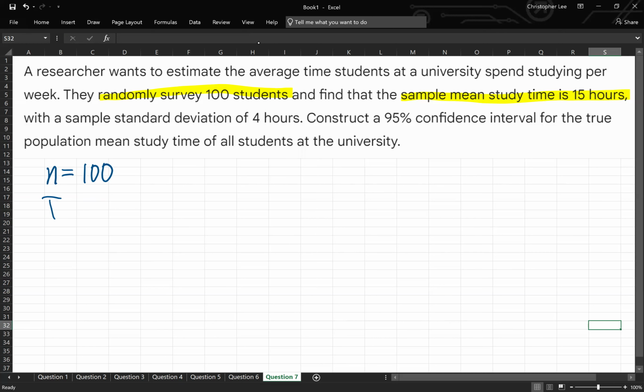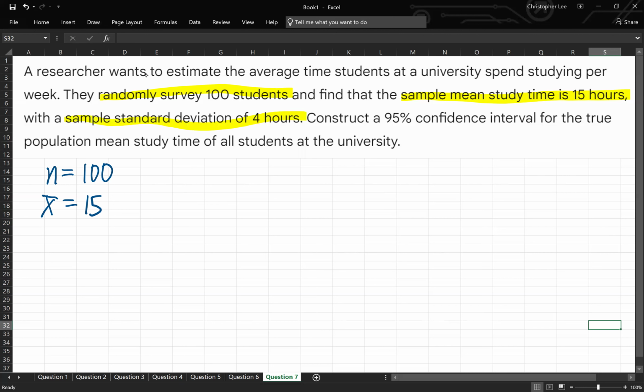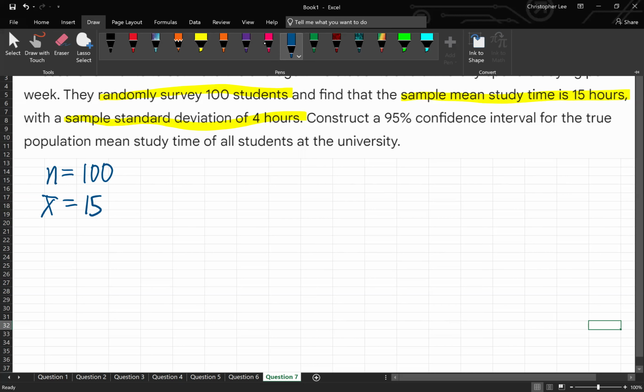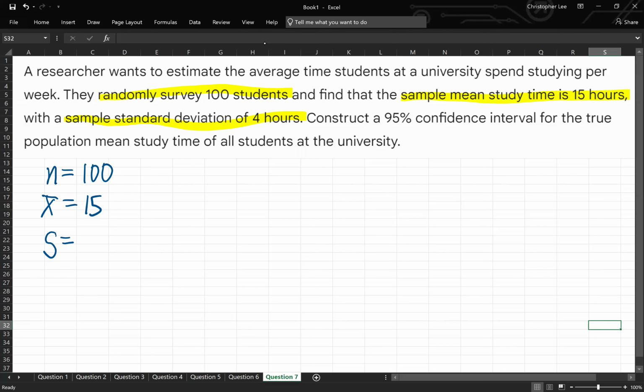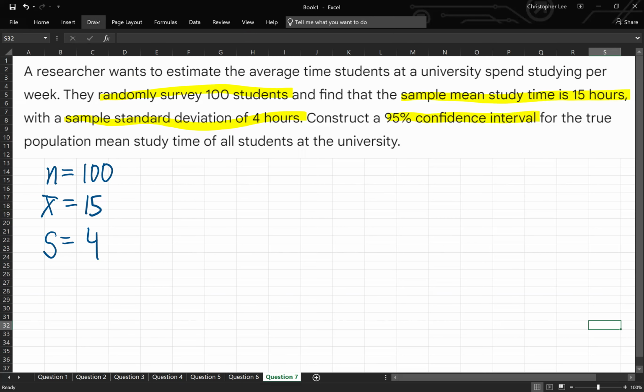And then we have a sample standard deviation of 4 hours, so S is equal to 4. We want to construct a 95% confidence interval.